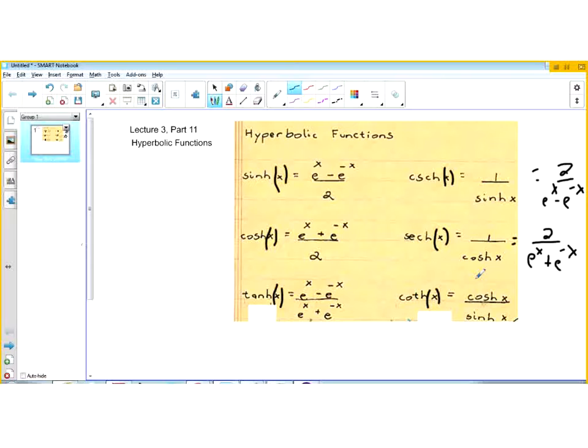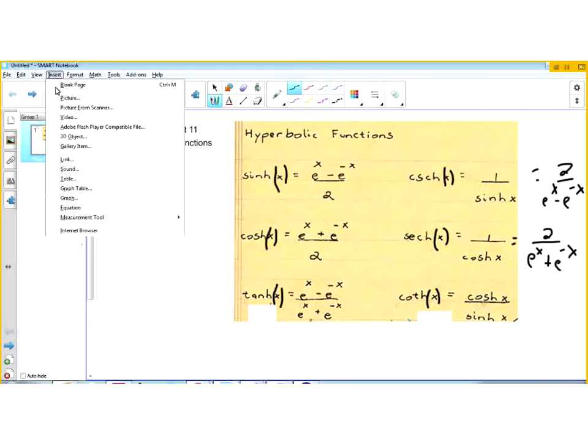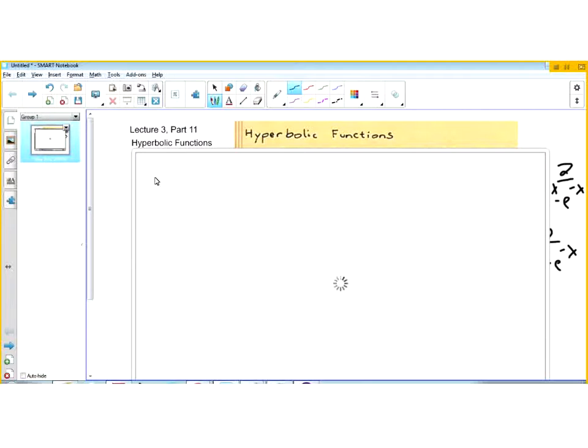So as you might expect, we can graph these functions. So let me pull up the graphing calculator, see if we can do it with the tool.